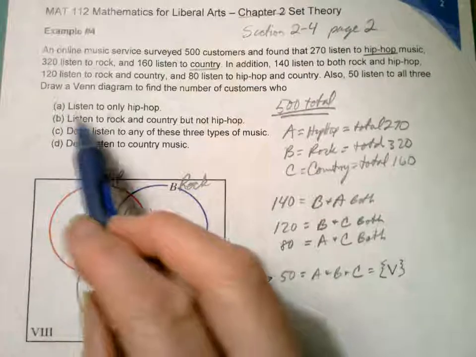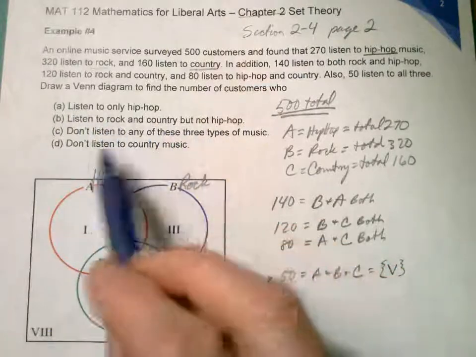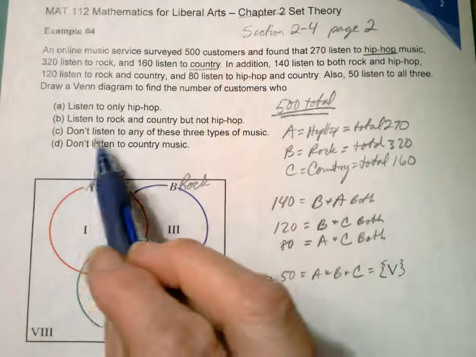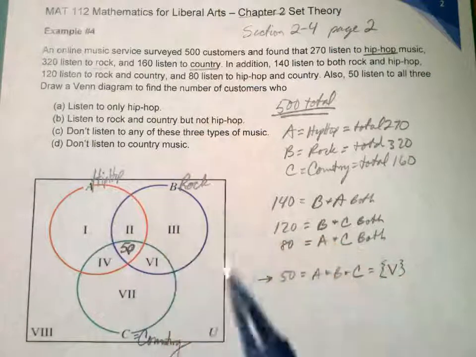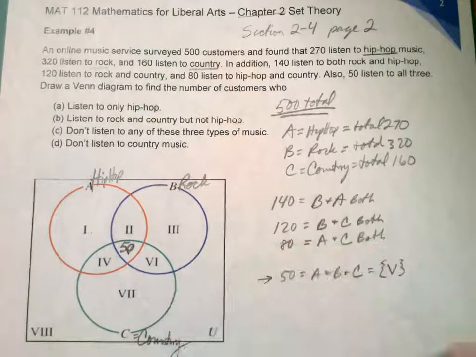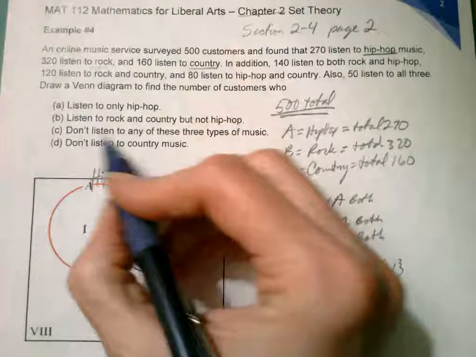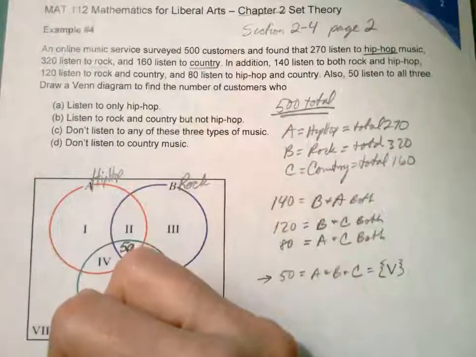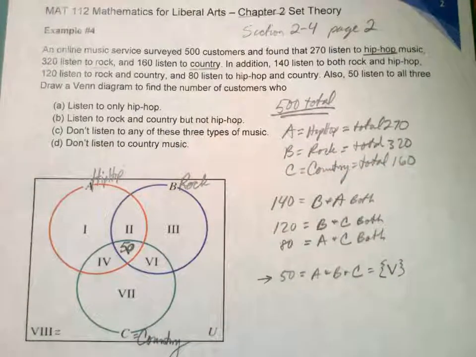One of the questions asks about people who don't listen to any of these 3 types of music. That's down here. So we have no idea what there is, but we're going to work our way out.